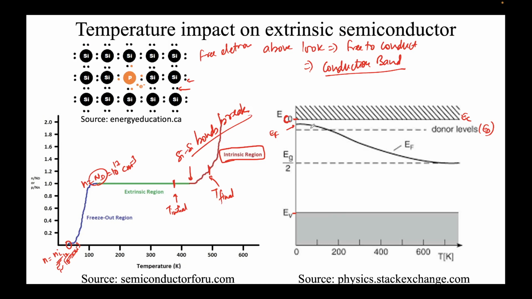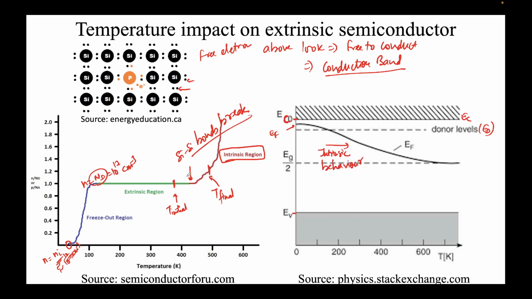However, as we continue to increase the temperature, we note that the lattice is behaving more and more intrinsic, and we know for an intrinsic semiconductor, the Fermi level lies very close to the middle of the energy band gap. So this Eg by 2. So when we are moving in this direction, intrinsic behavior increases, which we expect.